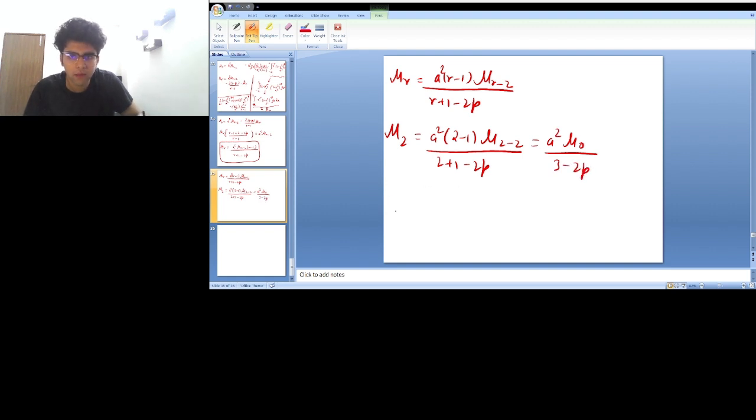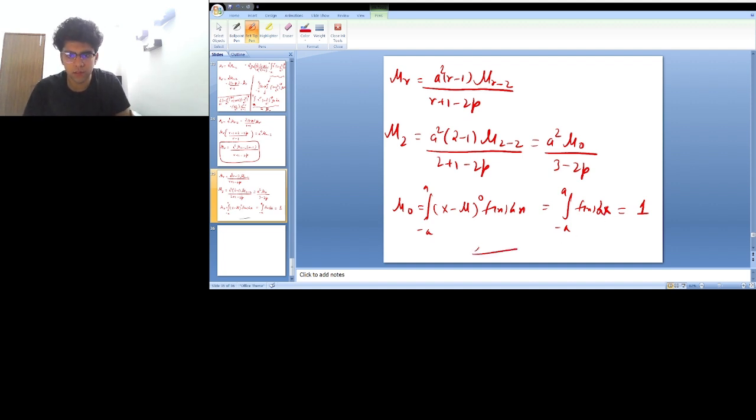And we know that my mu 0 is equal to the integral of x minus mu raised to the power 0 times f x dx from minus a to a. The mean is 0, and also anything raised to the power 0 is 1. So this will give me the integral of f x dx from minus a to a, which is equal to 1, because this is essentially the area under the curve from my limits minus a to a.